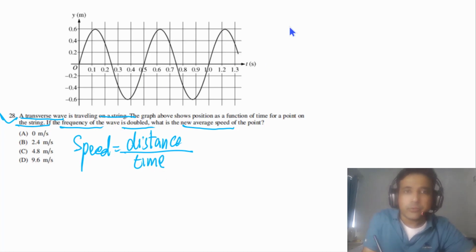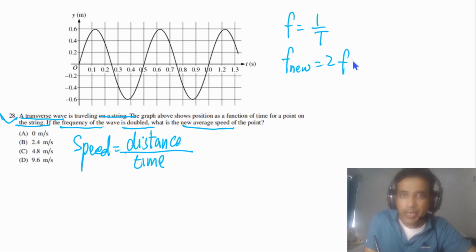But for this question it is given to us that frequency is doubled. If frequency is doubled, it means time period has to be halved, so we can say f new is equal to 2f, so it means the time period has to be T by 2, meaning T new is half, T by 2.